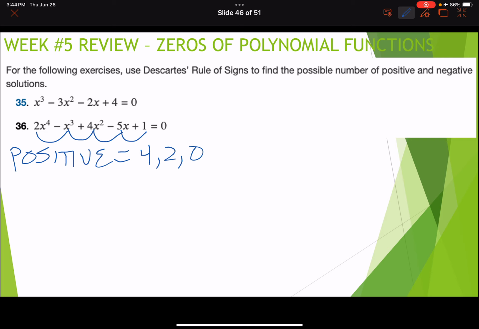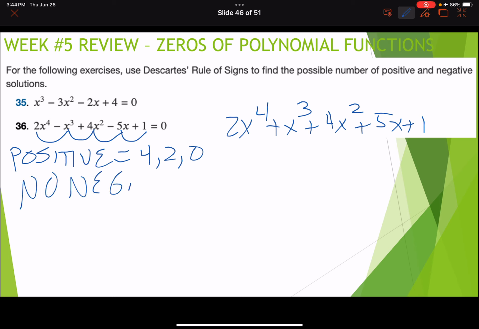So when you put negatives in for x, you're going to get 2x to the 4th plus x cubed plus 4x squared plus 5x plus 1. Notice no sign changes in that, so there's no negative roots. Okay? Practice 35 if you want to with that some more.